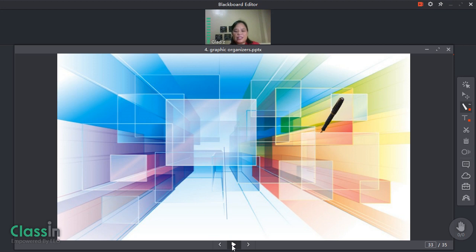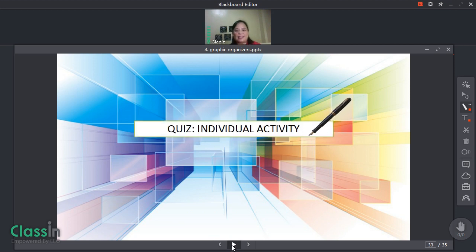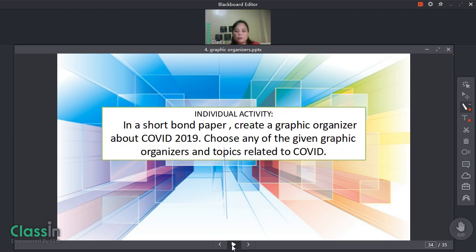So it's time for your quiz. This is an individual activity. What you are going to do is, on a short bond paper, create a graphic organizer about COVID-19. Choose any of the given graphic organizers and topics related to COVID.